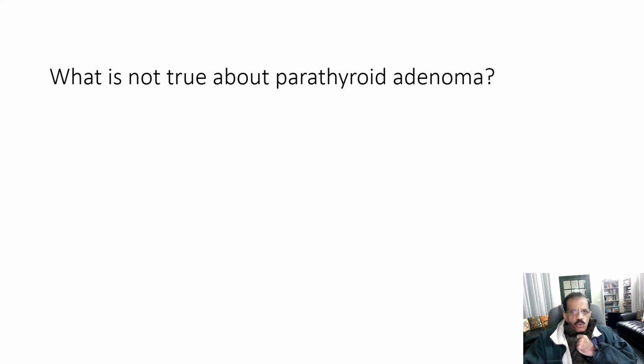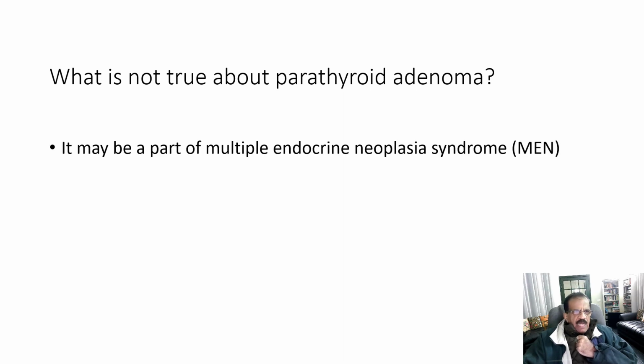What is not true about parathyroid adenoma? It may be a part of multiple endocrine neoplasia syndrome, and you are familiar with this term. There are some people who, due to some genetic predisposition, or sporadically, with or without family history, may develop multiple endocrine neoplasia, abbreviated as MEN.